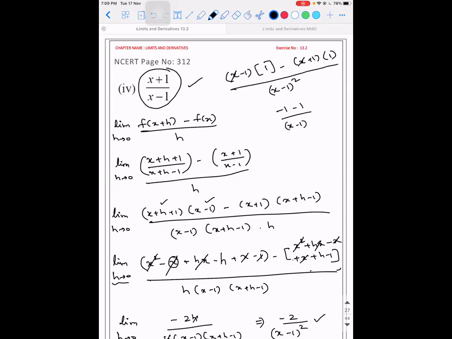Minus 1 minus 1 divided by x minus 1 the whole square, minus 2 divided by x minus 1 the whole square. Got it?